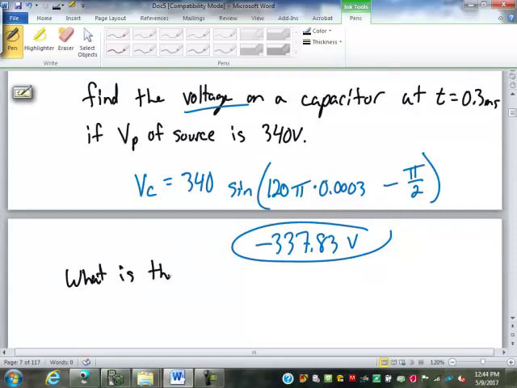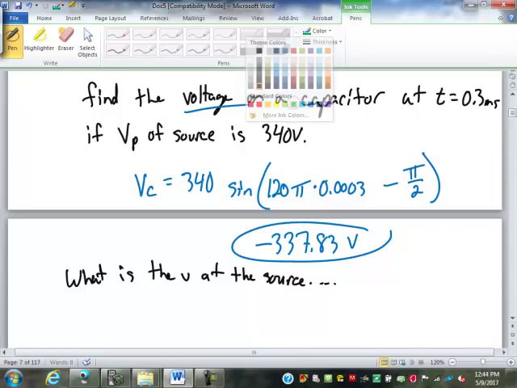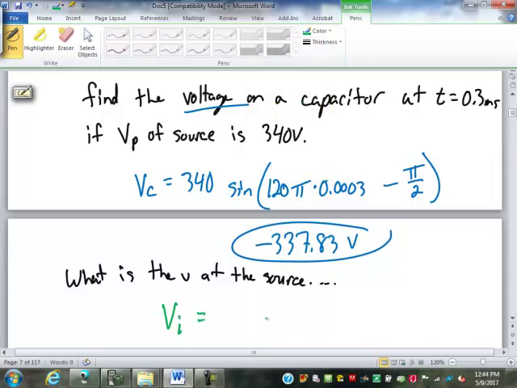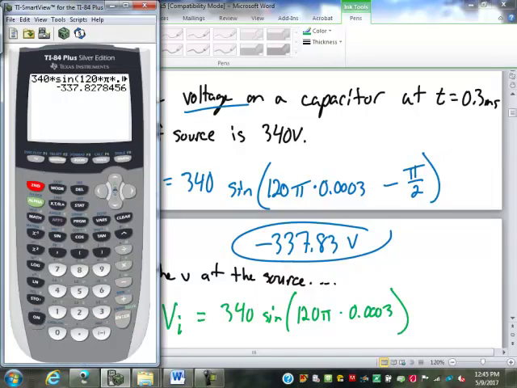What is the voltage at the source at that time? We're going to do the same formula. It's the exact same formula. The instantaneous source voltage is the exact same formula, only without the minus pi over 2, giving us 338.37.